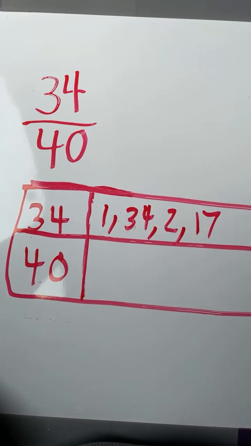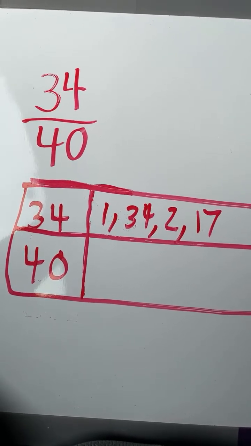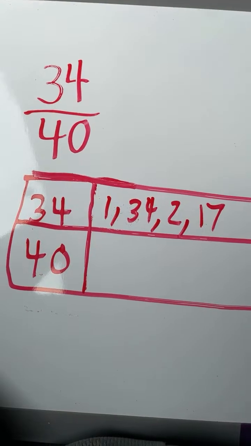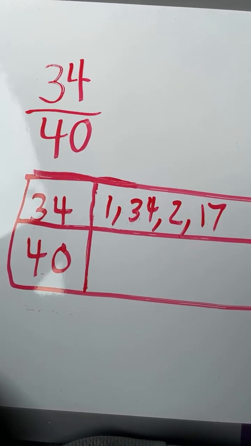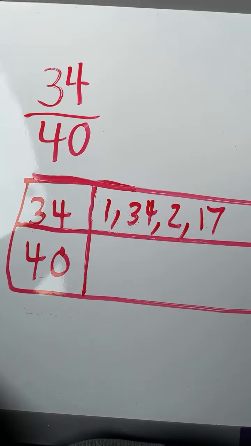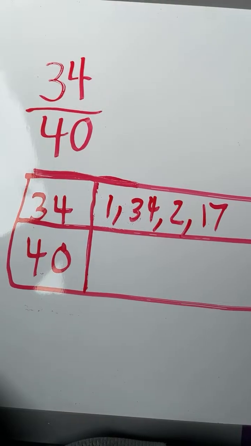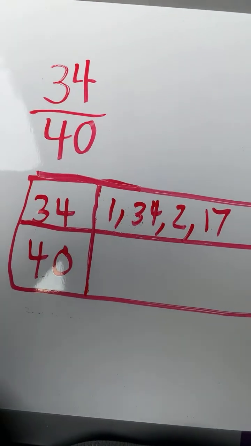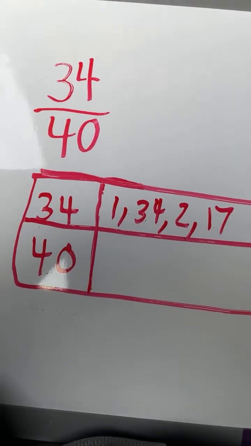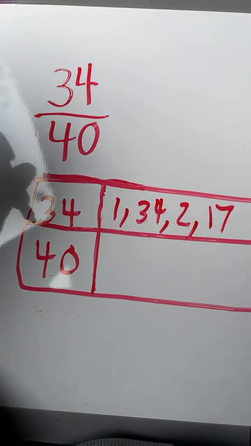Three is not a factor of 34. 4 is not a factor of 34. 5 is not a factor. 6 is not a factor of 34. 7 is not a factor of 34. 8 is not a factor of 34. 9 is not a factor. 10 is not a factor. Okay. So we got our factors of 34.